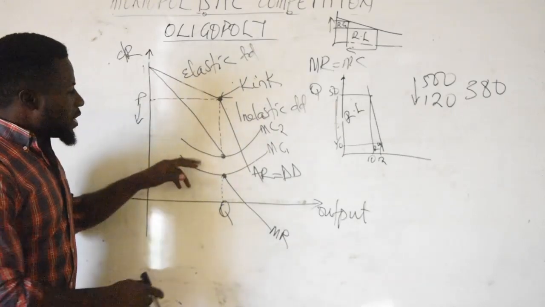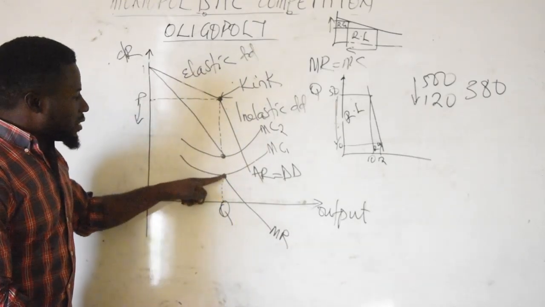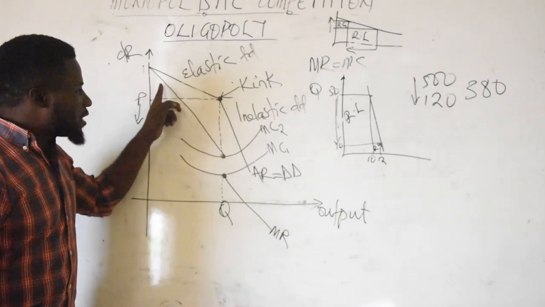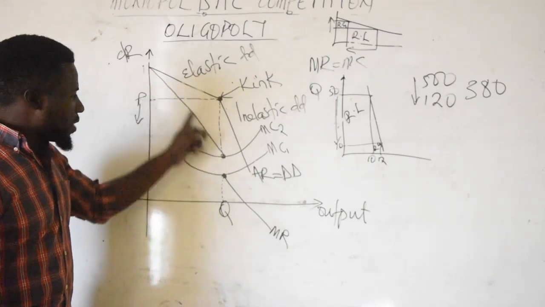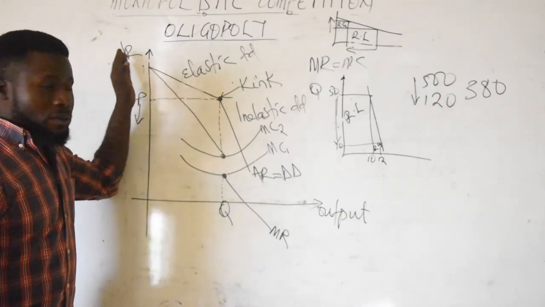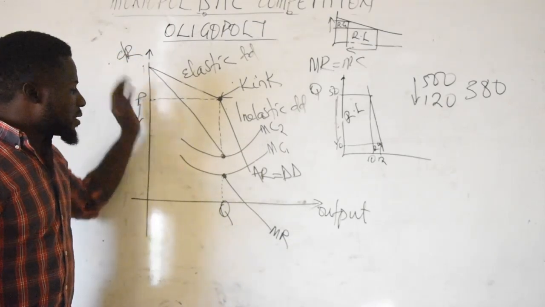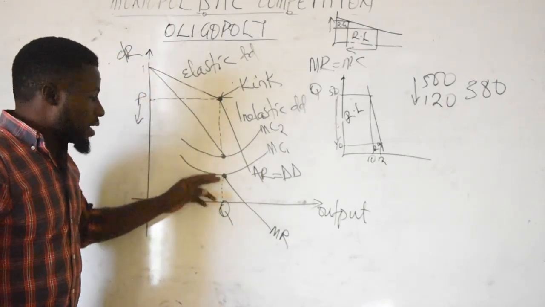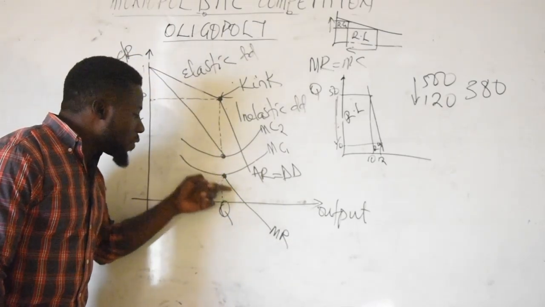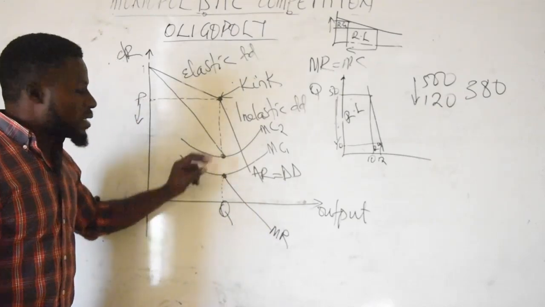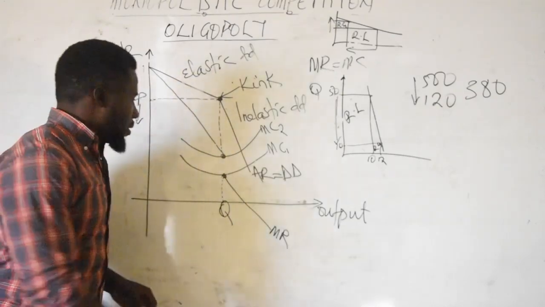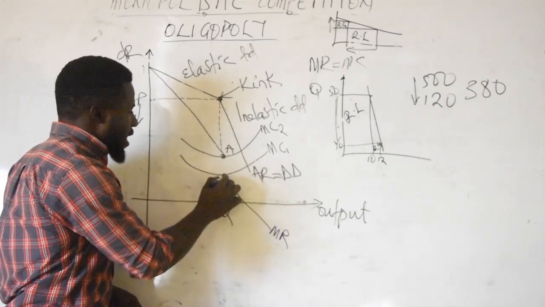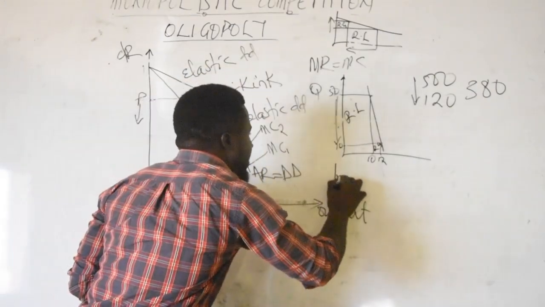And then you see this portion where the marginal revenue curve coming down from the cost and revenue axis has a break before continuing. We call this the indeterminate region. This portion, let me call it portion AB, is the indeterminate region.